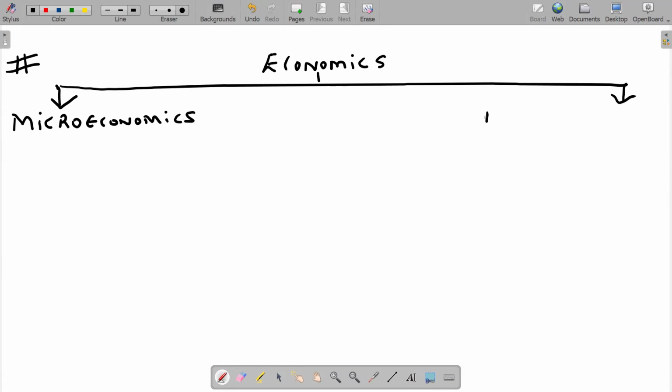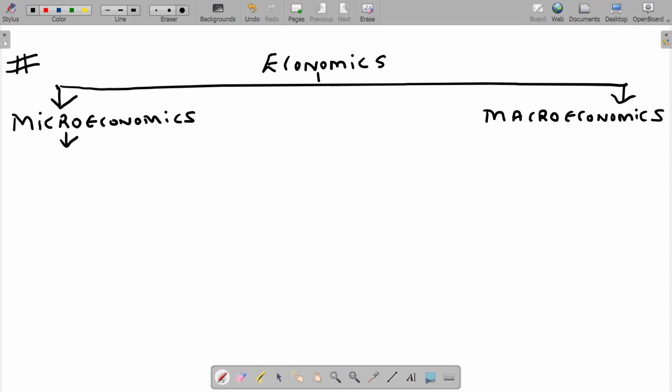Let us understand what microeconomics is concerned with. Micro itself means small. So when you are looking at the branch of microeconomics, you are basically concerned with individual units, like individual households, individual firms, or one particular industry.